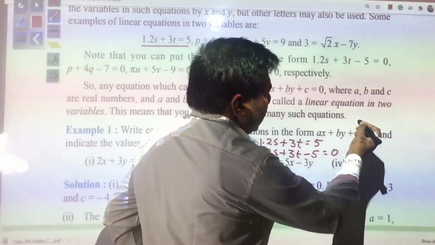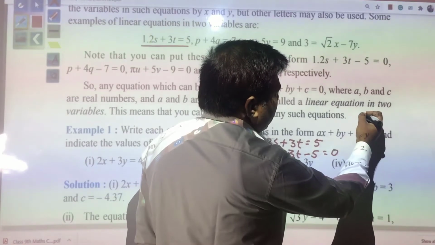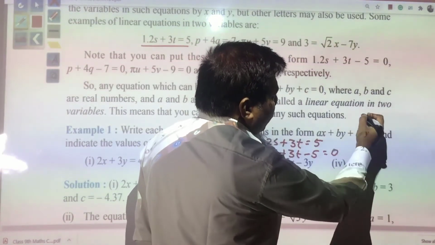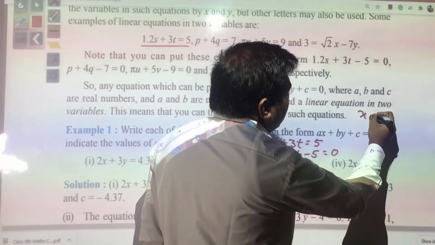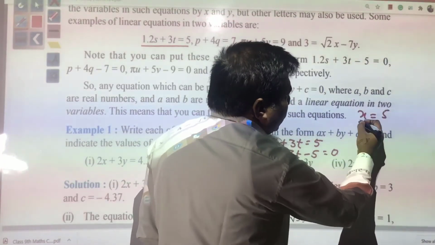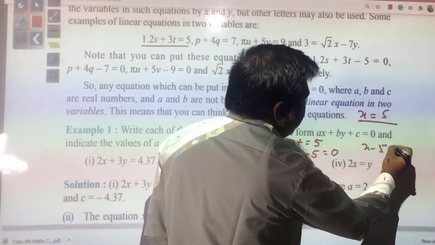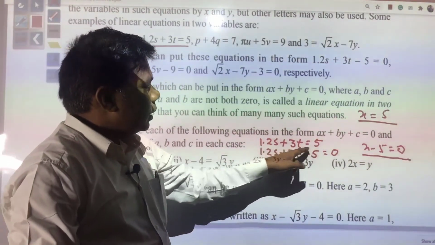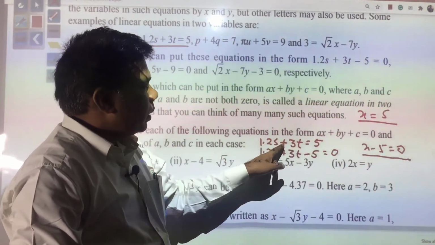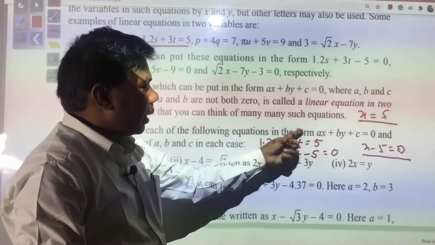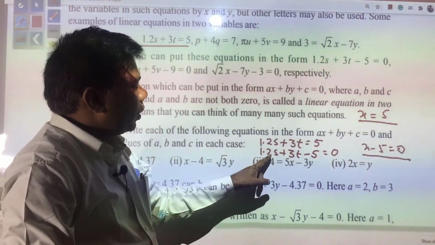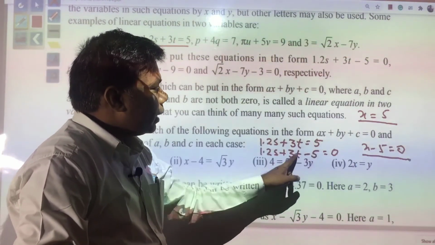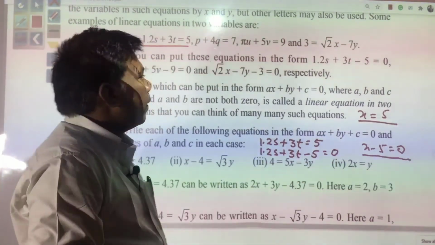Suppose in a linear equation of one variable you have x is equal to 5. This can be written as x minus 5 is equal to 0. In the same way, in two variables, 1.2s plus 3t is equal to 5 can also be written as 1.2s plus 3t minus 5 is equal to 0.